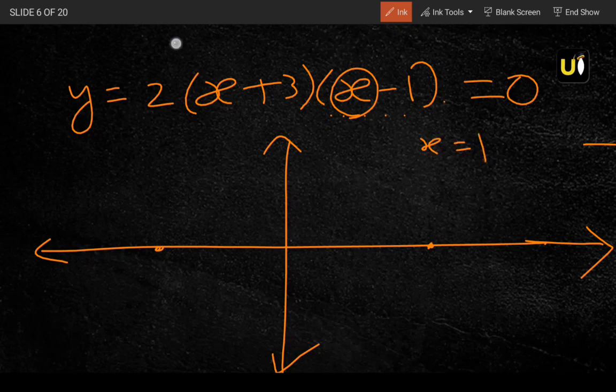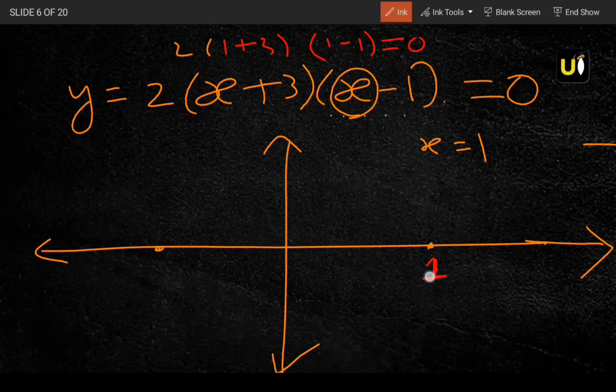And if we substitute x is equal to minus 3, that will be 2 into minus 3 plus 3 into minus 3 minus 1. This is also becoming 0, as 1 minus 1 will be 0. That means minus 3 is also one of the points.